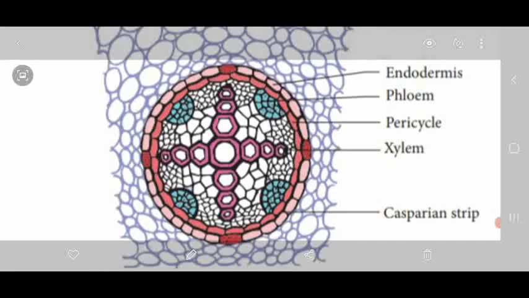Inner to the endodermis, one more layer of closely packed parenchyma cells is called pericycle. Inner to the pericycle, this region is said to be the stele: pericycle and vascular bundle. That region is called stele.